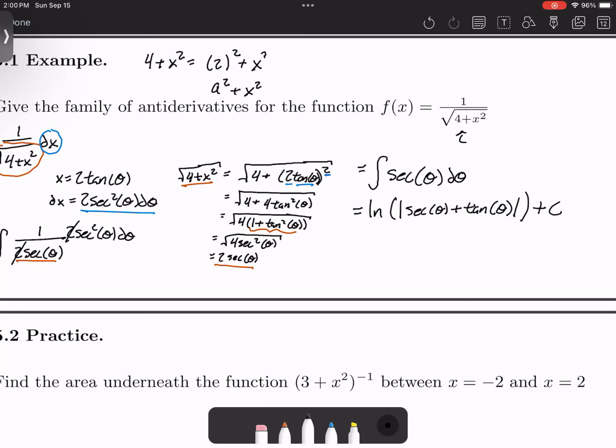We no longer have the integral sign, but our next step should be to go back to x's. We created this new variable theta, so we should go back to x's.